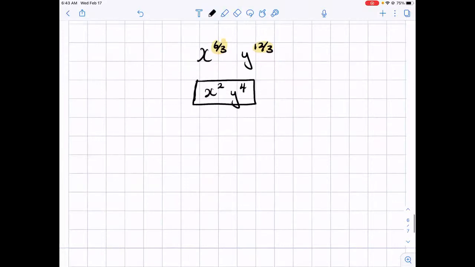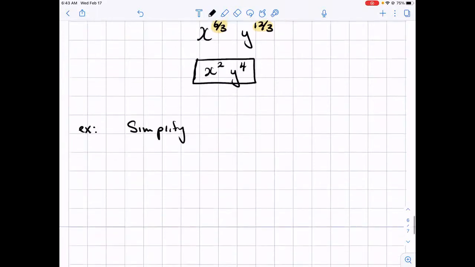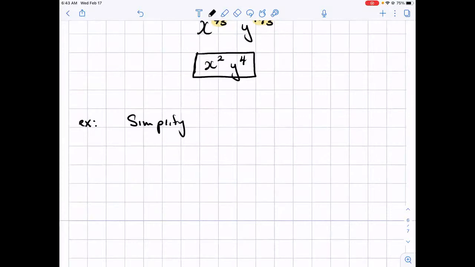Now, if we look at another example, and I ask you to simplify the square root of 81, a to the 12th, b to the 10th.